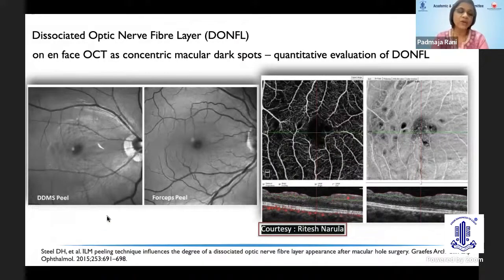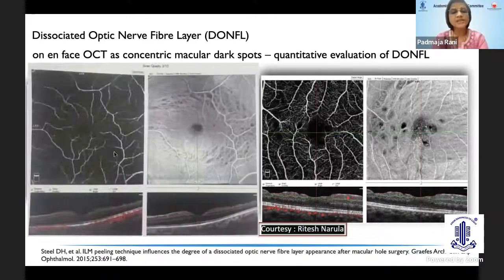Steele et al. compared the type of ILM peeling with the diamond dusted scratcher versus regular ILM forceps peel. And they found that with the diamond scratcher, these DONFEL effects will be more. You can see here an example of DONFEL seen at the 1 month post-evaluation. And here you can see a case of DONFEL corresponding to the ILM peeling.